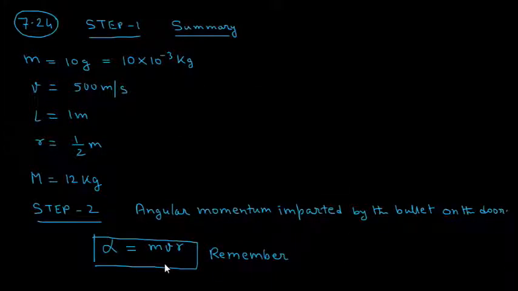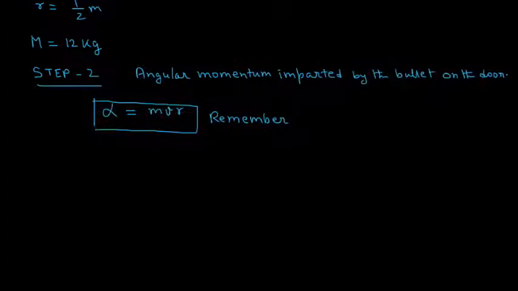So angular momentum is equal to mvr. m is the mass of the bullet, v is the velocity of the bullet, and r is the radius of the door.